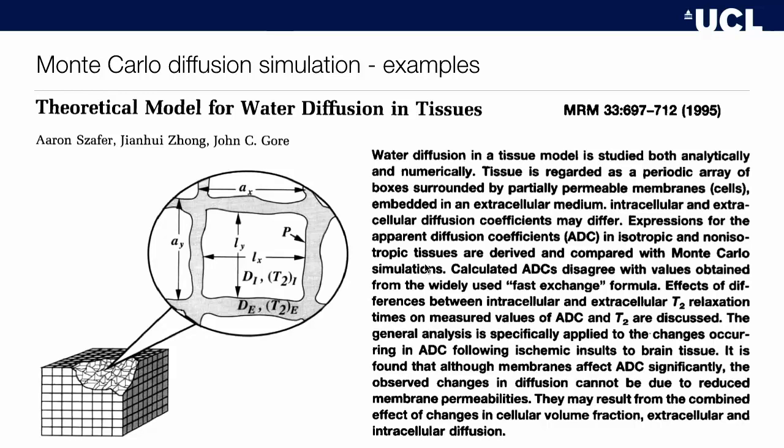So as the abstract on the right illustrates, the goal here is trying to develop a theoretical model for water diffusion in tissues. And they do so by deriving that model analytically, and then comparing that numerically to the Monte Carlo simulation. So Monte Carlo simulation here provides a tool for validating the analytical model developed.